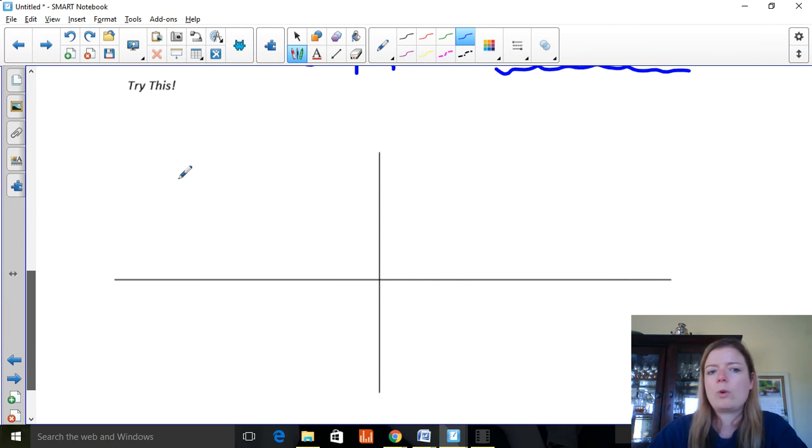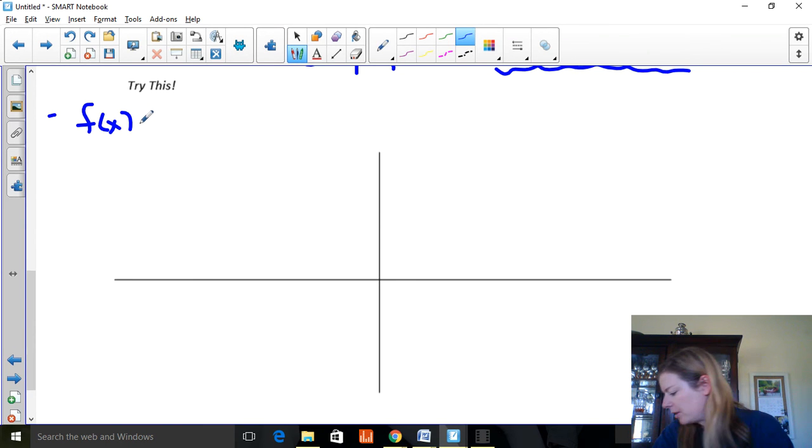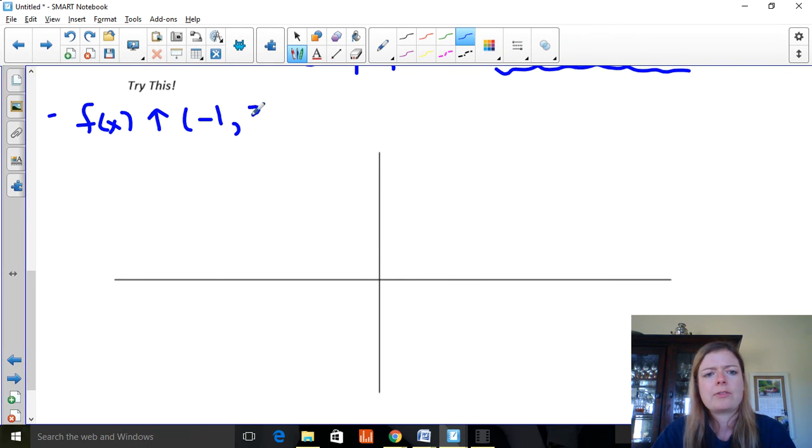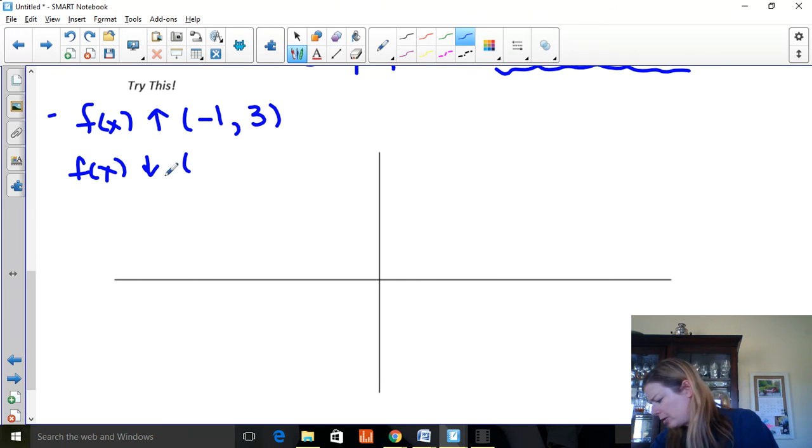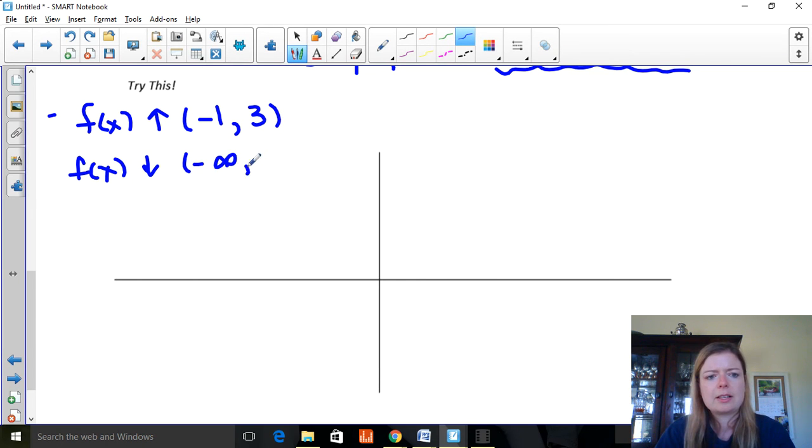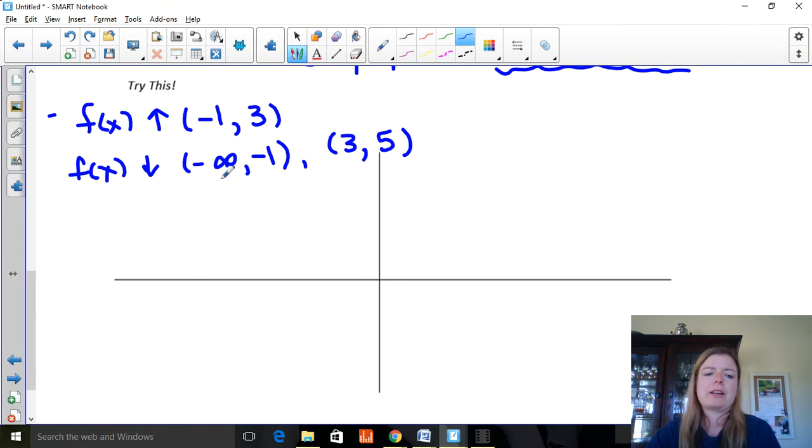I want you to try to draw a function that matches this description. I want f(x) increasing from -1 to 3, and then I want f(x) decreasing from -infinity to -1 and 3 to 5. So try that out and show me what you have next class, and I'll see if you got that right.